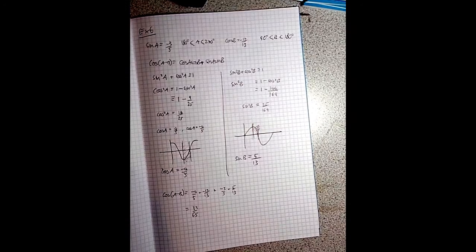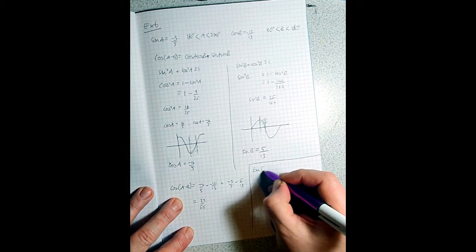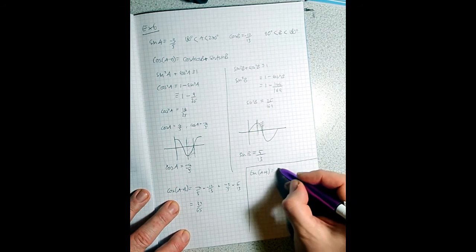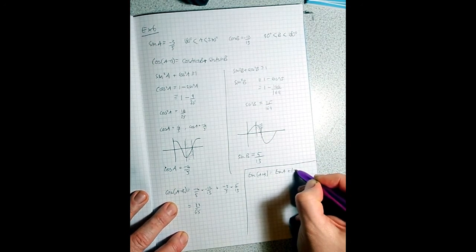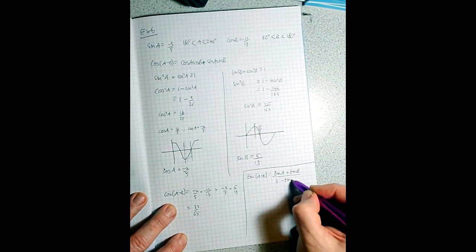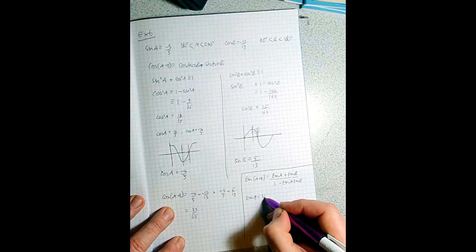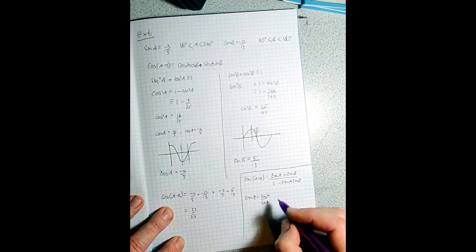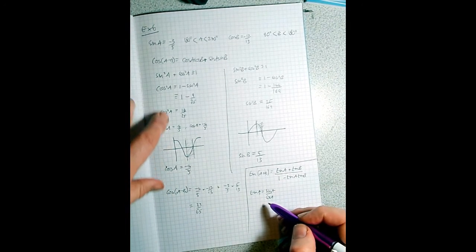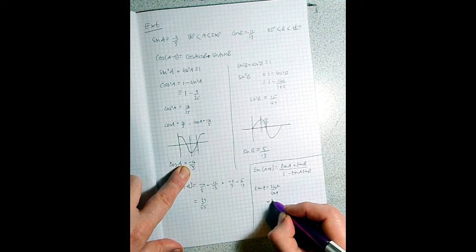To find tan of A plus B, we're given tan A plus tan B over 1 minus tan A tan B, and of course tan A is sine A over cos A, which is minus 3/5 over minus 4/5, 3/4.